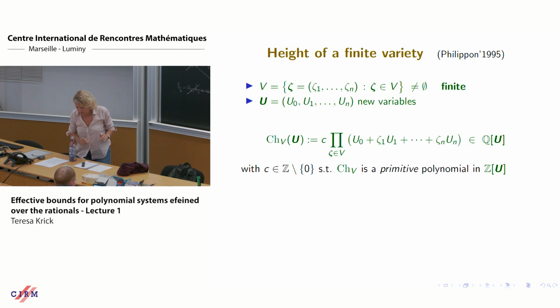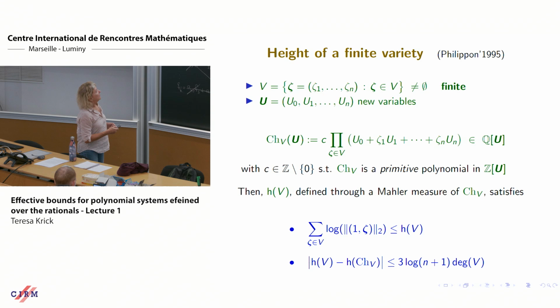I won't introduce that, but the fact is that the height of the variety V, which is defined through a Mahler measure of this Chow form, satisfies two things. In some way, it measures the size of the points in my variety.